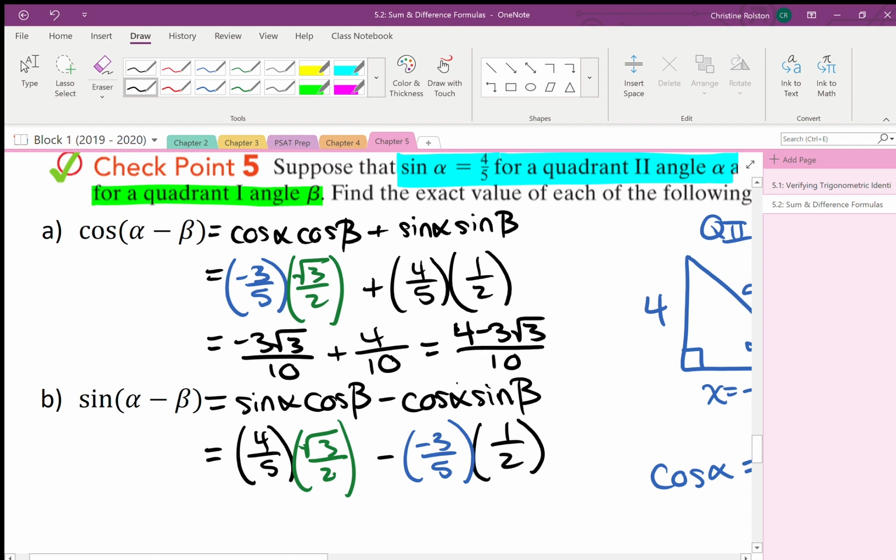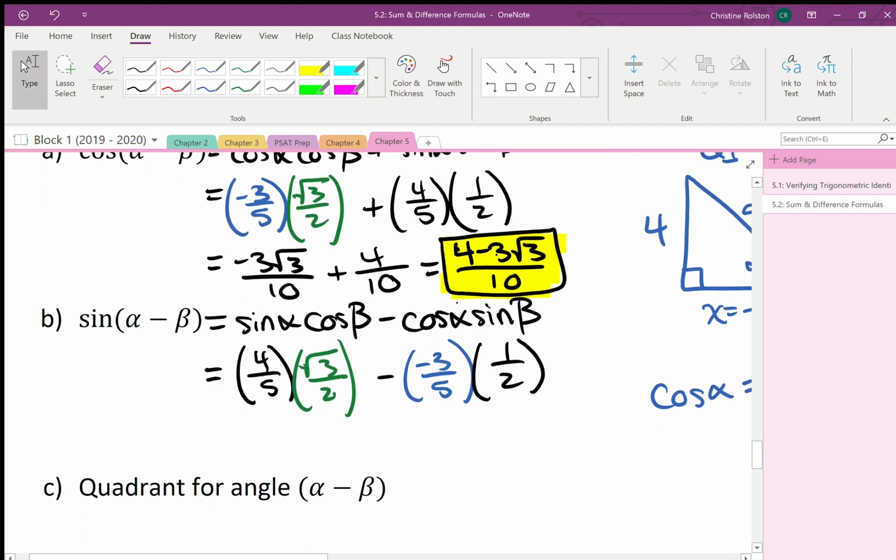Now remember, you can't simplify because all three numbers don't have something in common. Remember that whole Holy Trinity thing I talked about, right? So cosine of alpha minus beta is going to be 4 minus 3 square root of 3 over 10.